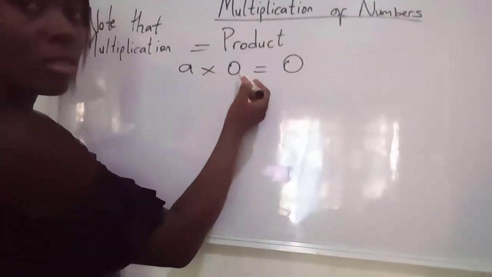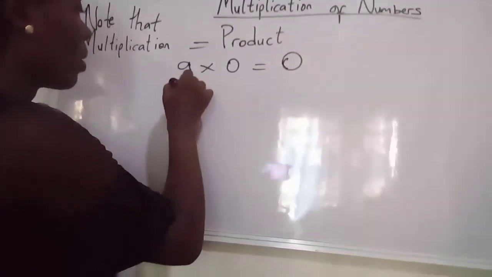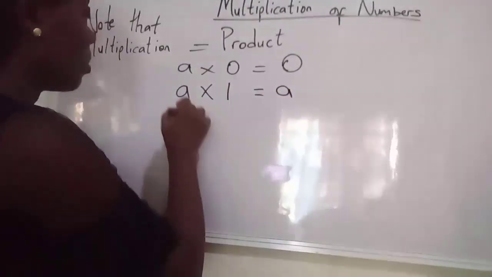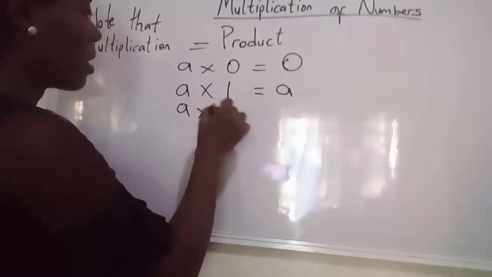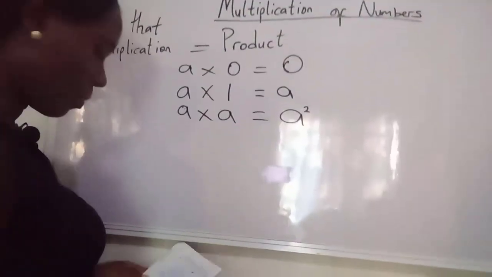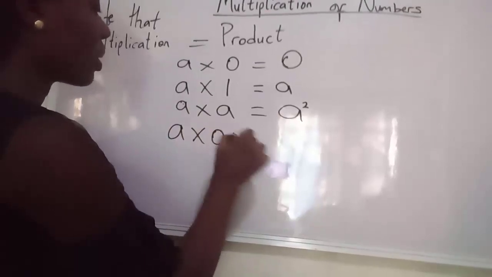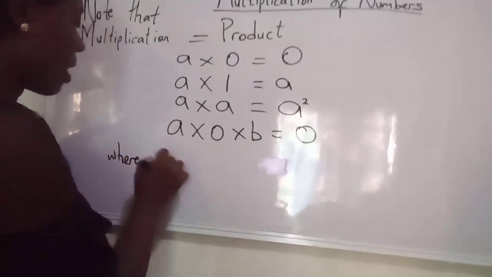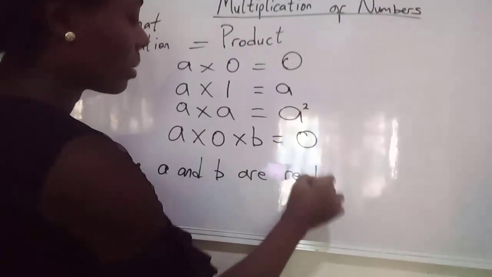A in nothing places, or in no place, will give us nothing. Now, a being a number times 1 will give you a. Now, another relationship is a times a will give you a raised to the power 2. Now, a times 0 times b equals 0, where a and b are real numbers.